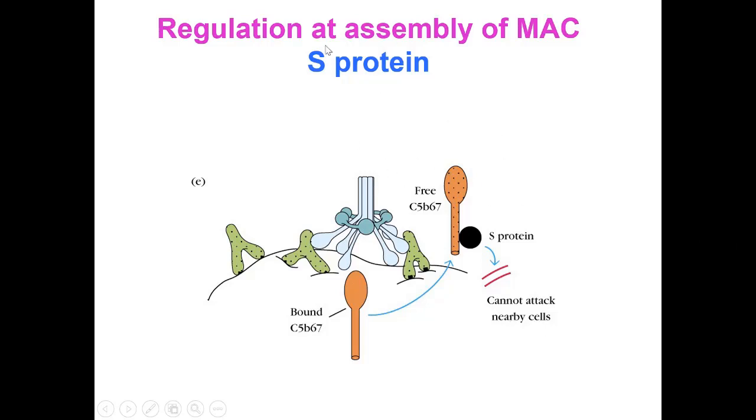And S-protein binds the free C5b67 and prevents the binding of this free complex to the nearby cells, and this prevents destroying the nearby cells in this way.